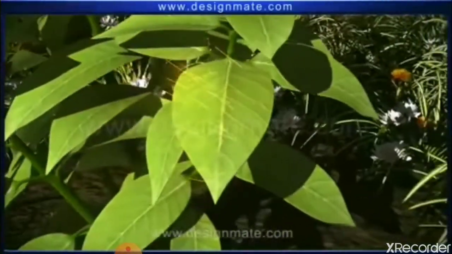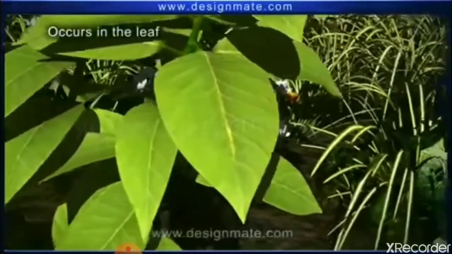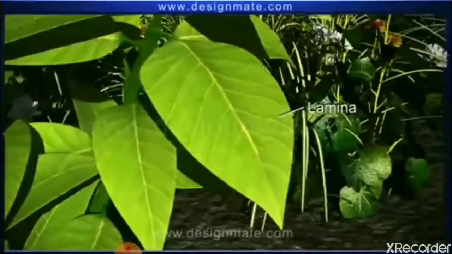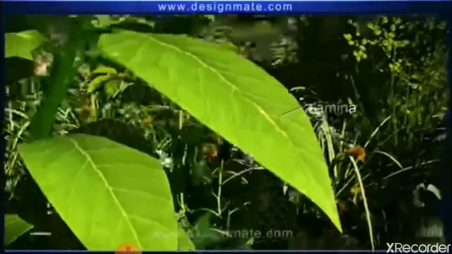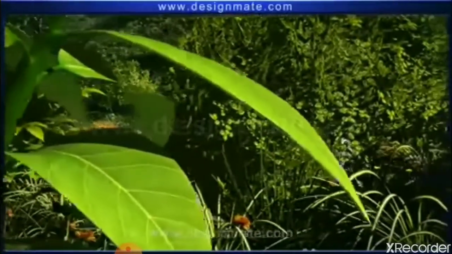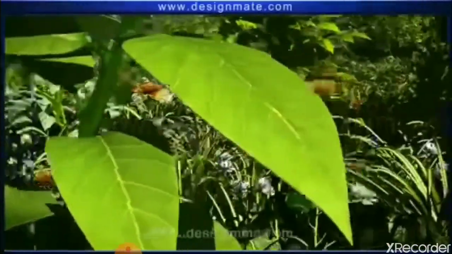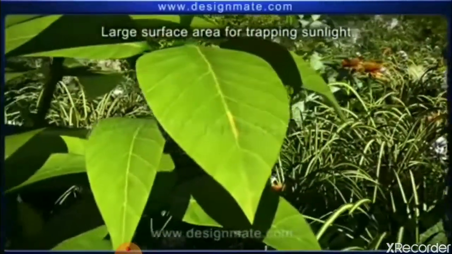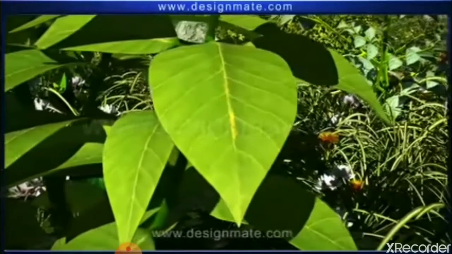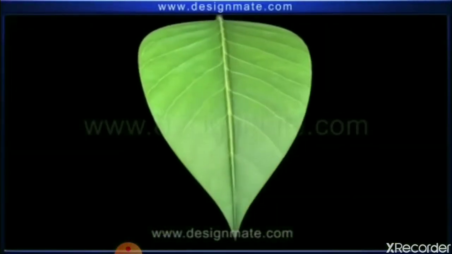That light energy, the water absorbed from the soil, and the carbon dioxide absorbed from the environment through stomata go inside the leaf where chlorophyll acts on these components.